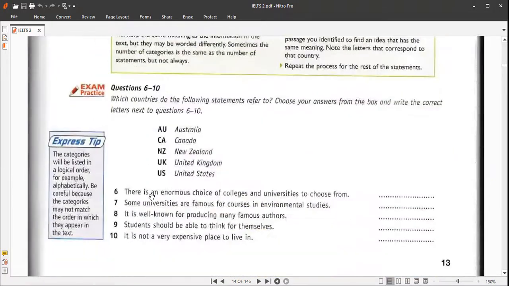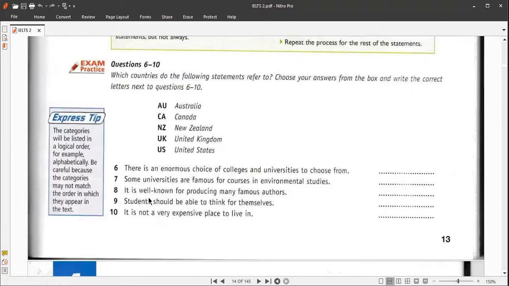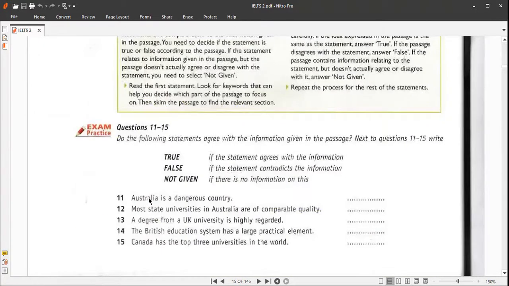So with that information, we can say that a degree from a UK university is highly regarded. Yes, we talk about the degree. Highly regarded means it's well respected. Okay, so the answer should be true.